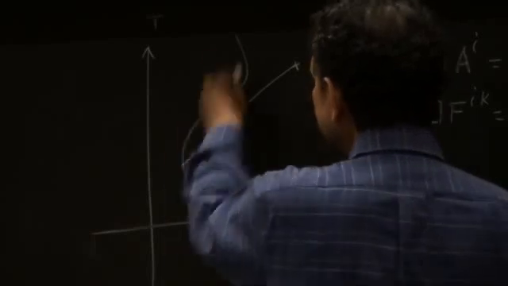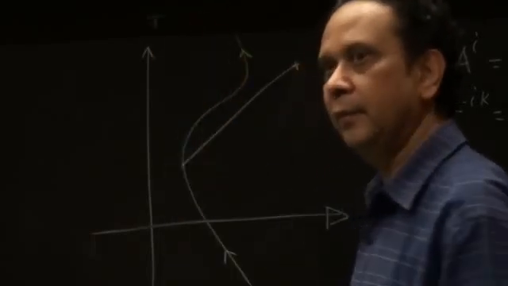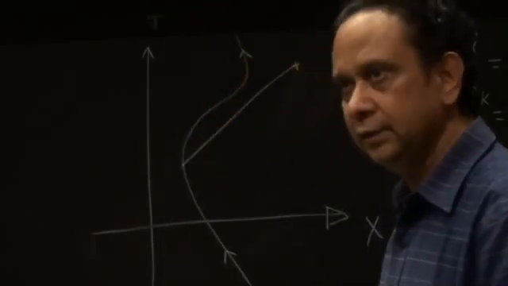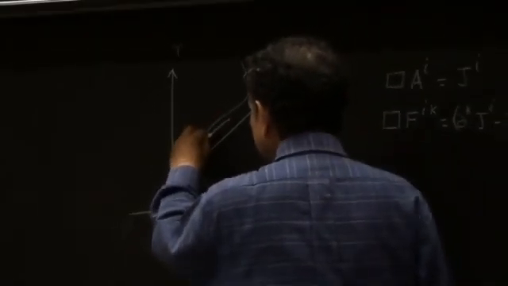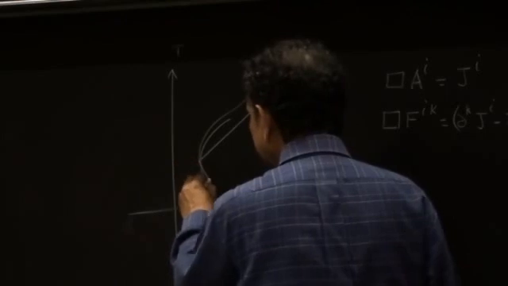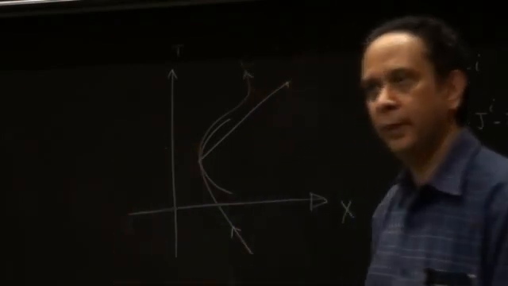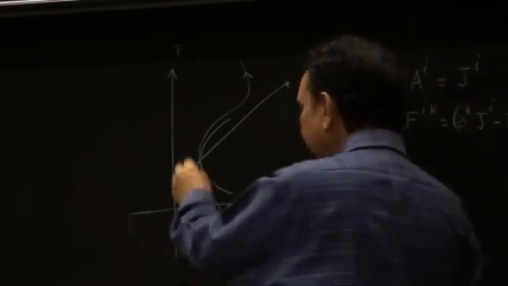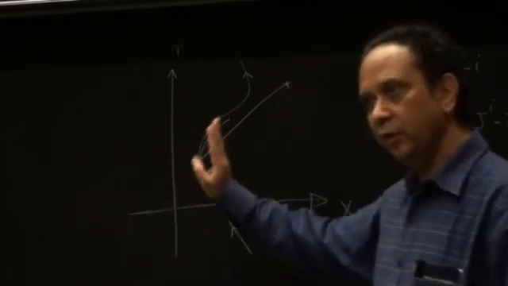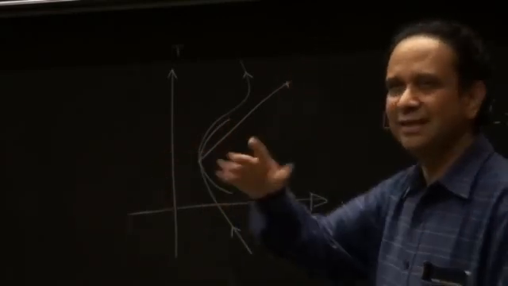All that I have to do is, this is the charge which I want to find. I now take another charge and I put it in a trajectory which is a hyperbolic trajectory which just goes like this. Okay? So the second charge has the same position, same velocity and same acceleration. Velocity is trivial.